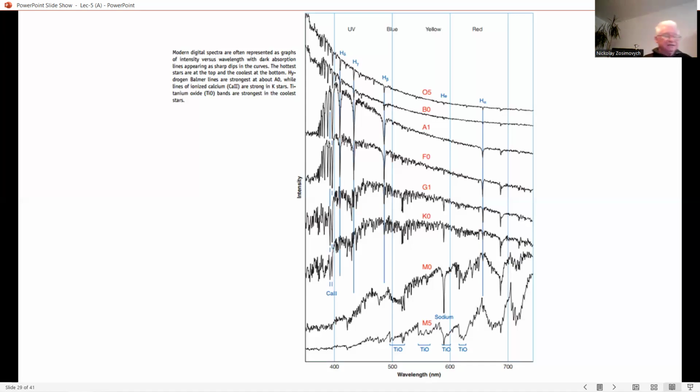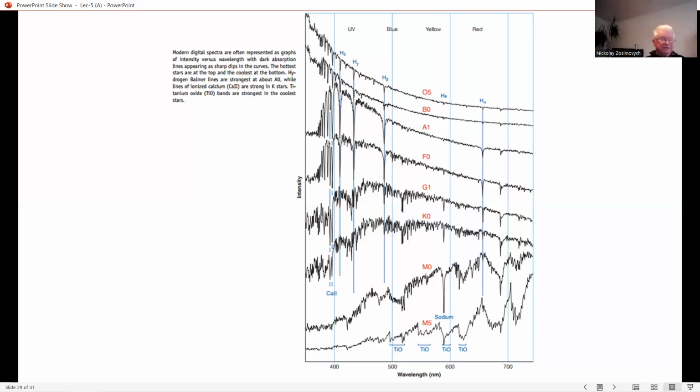Sirius, brilliant in the winter sky, is an A1 star, and Vega, bright overhead in the summer sky, is an A0 star. They have nearly the same temperature and color, and both have strong Balmer lines in their spectra.